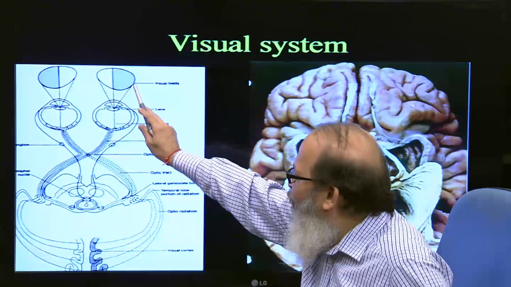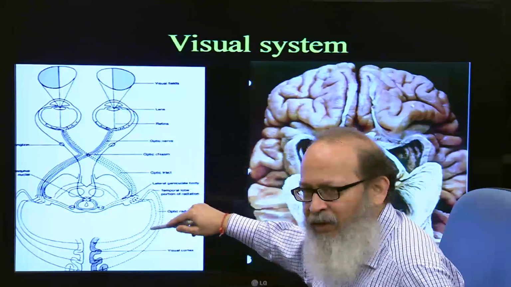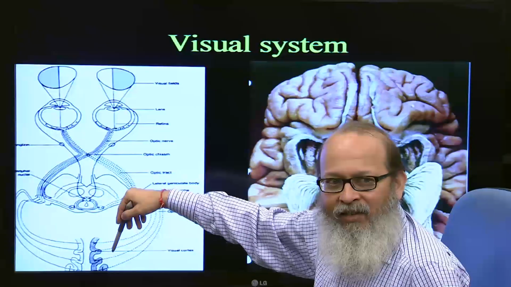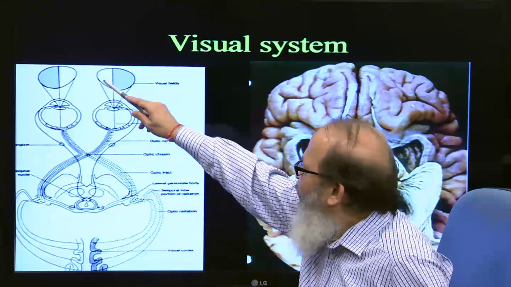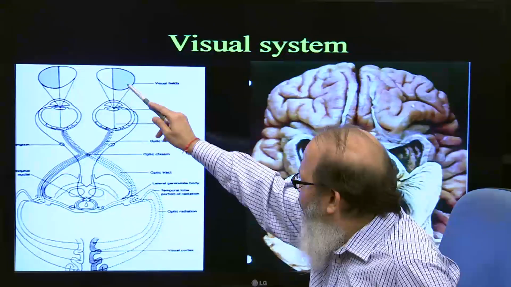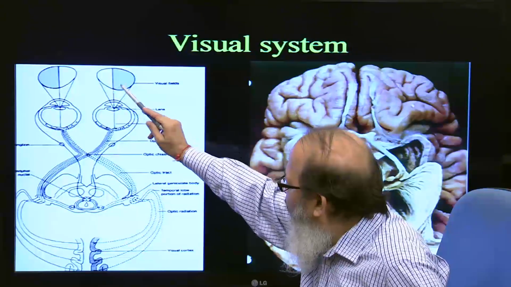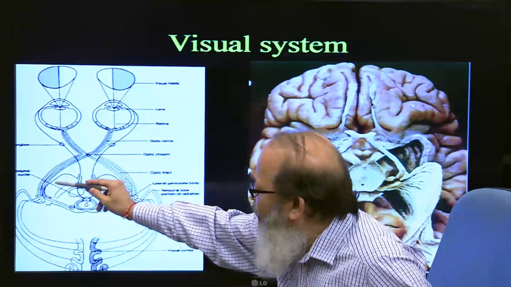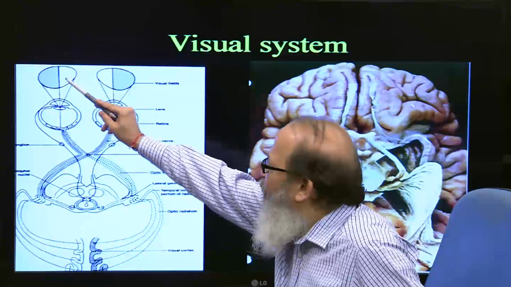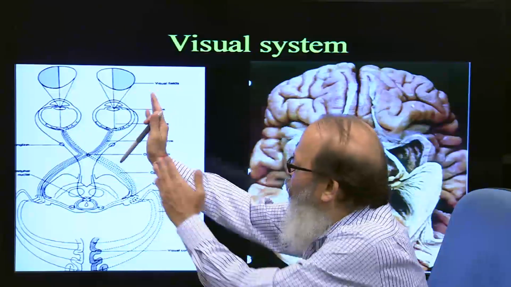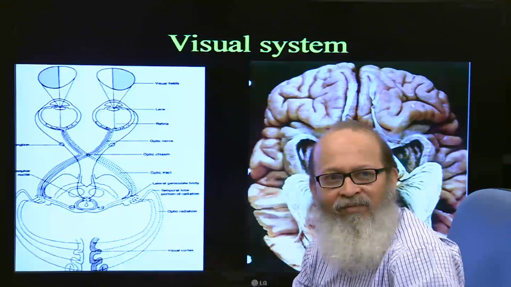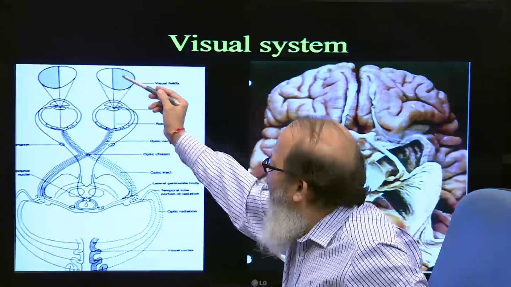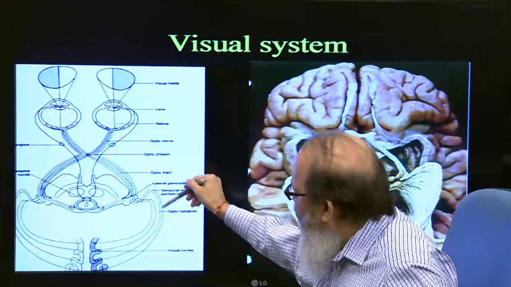Now, the left side of the field goes to the right side of the brain, the occipital lobe, and vice versa. How does it happen? It crosses like this. The fibers which are coming from this side will cross to the other side, and fibers which are coming from this side will cross. So, the whole left side will go to this side, and this will come to this side.